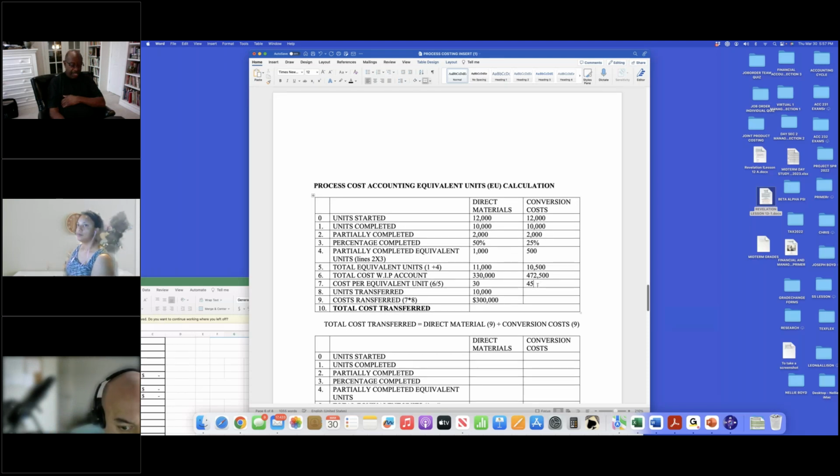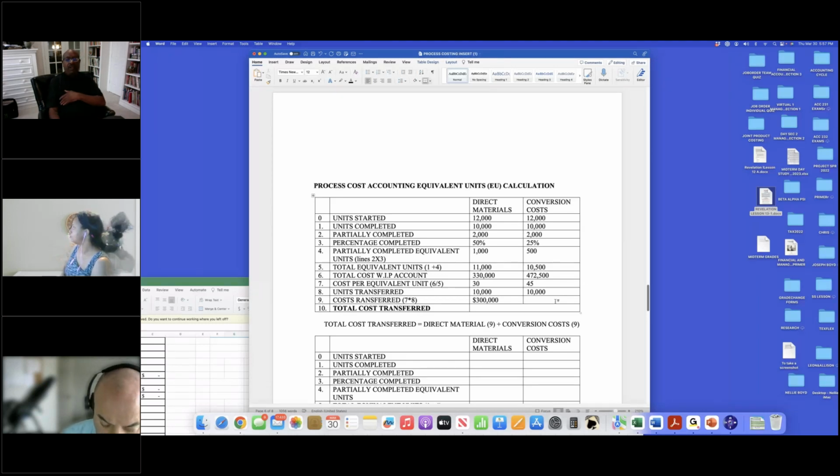Transfer out. 10,000 units. That comes down from the units completed, and then line 7 times 8. 45 times 10,000. That should be easy to multiply. 450,000.